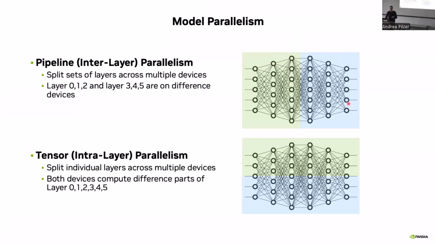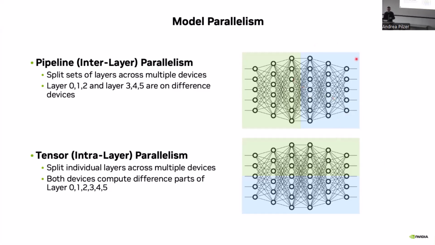You have your input here, you pass it to GPU 0, it processes it and has some activations as output. You take those activations, move them to GPU 1, and process them again until you reach the output, and then you compute your loss, and then you go backwards through both GPUs.